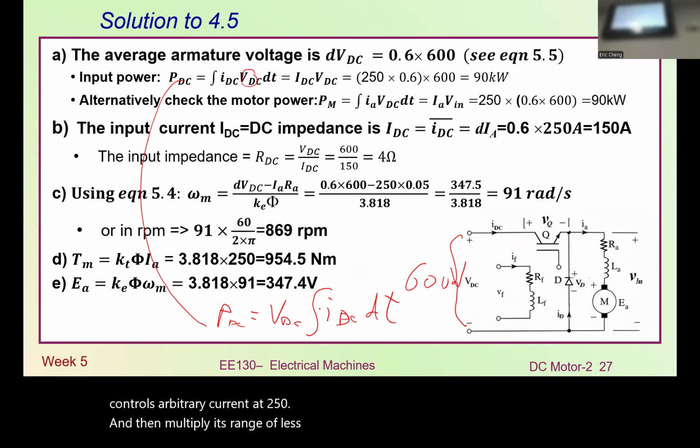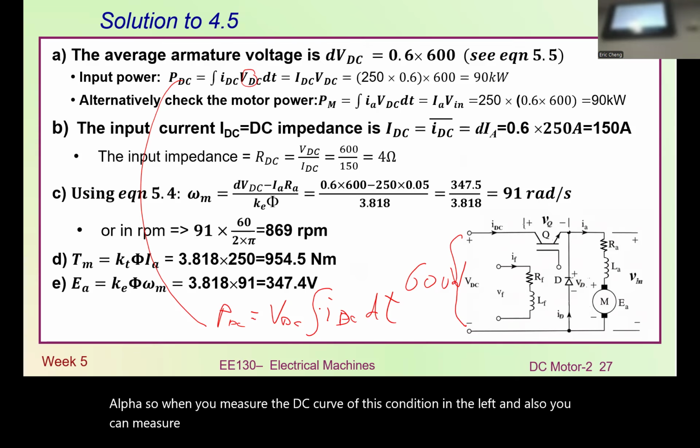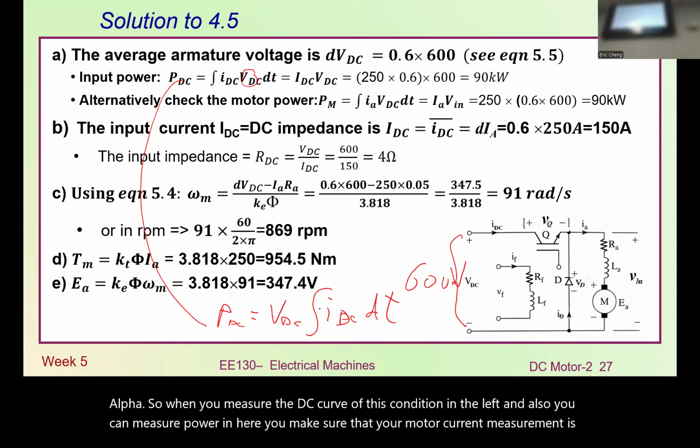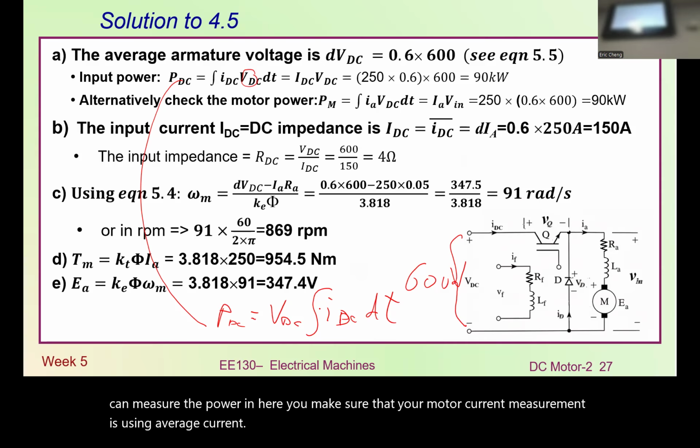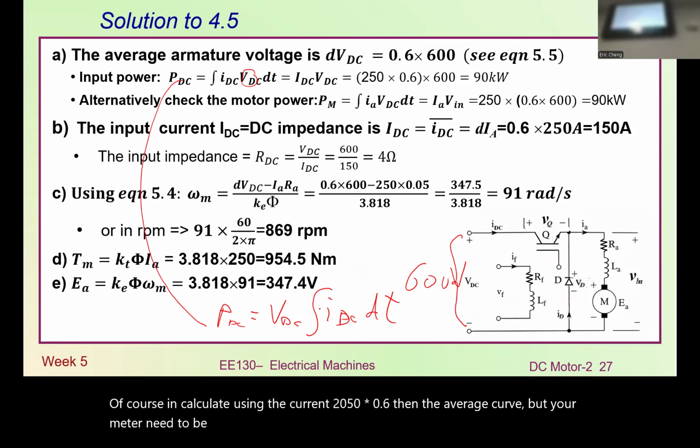This integral is purely average. So when you measure the DC current in this condition in the lab, you make sure that your motor current measurement uses average current. Of course, you can calculate using the current 250 multiplied by 0.6, that is the average current. But your meter needs to be an average meter. Do you get that? So don't use RMS, it's wrong.